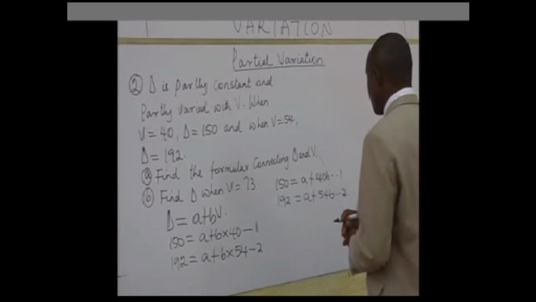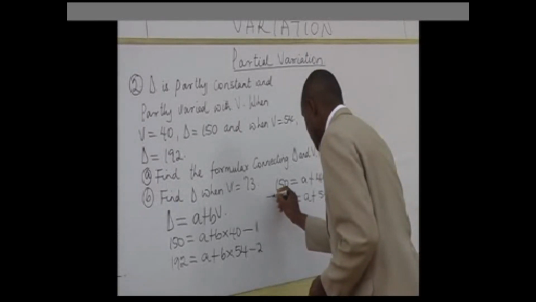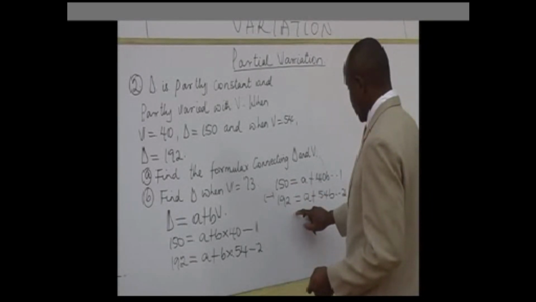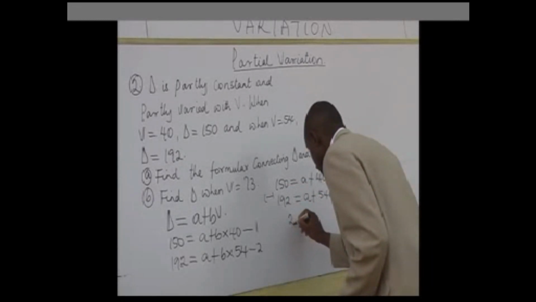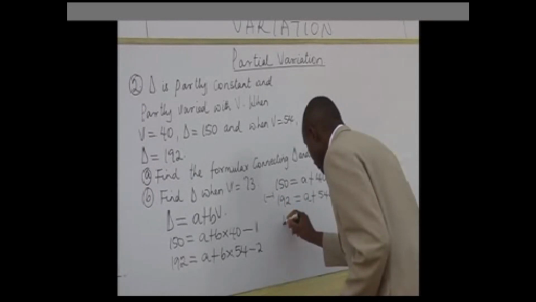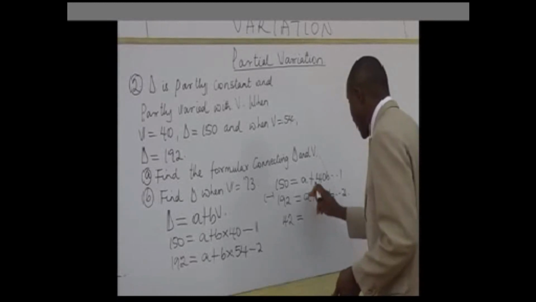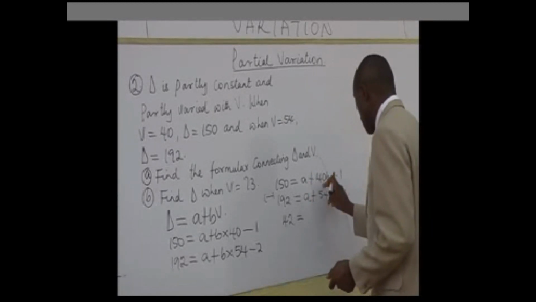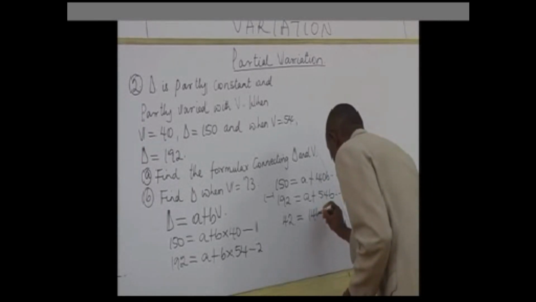Now, we can subtract equation 1 from equation 2. 192 minus 150: 2 minus 0 is 2, 9 minus 5 is 4. So we have 42 is equal to A minus A cancels, 54 minus 40 will give you 14. So we have 14B.